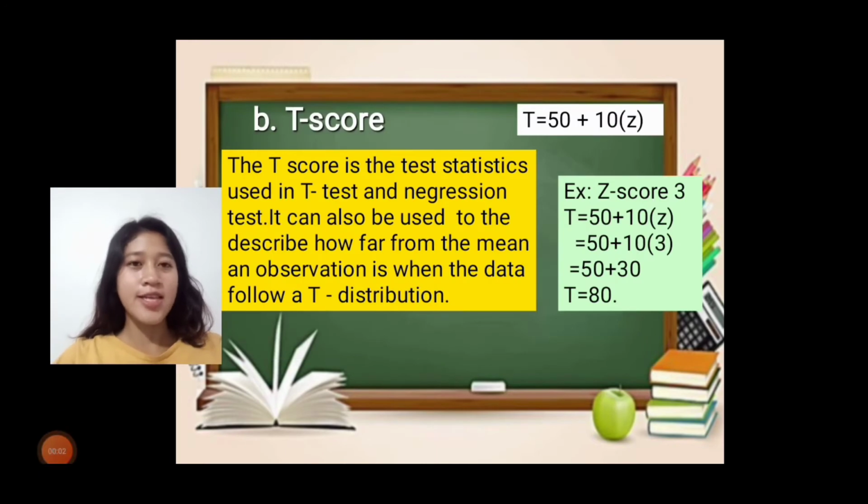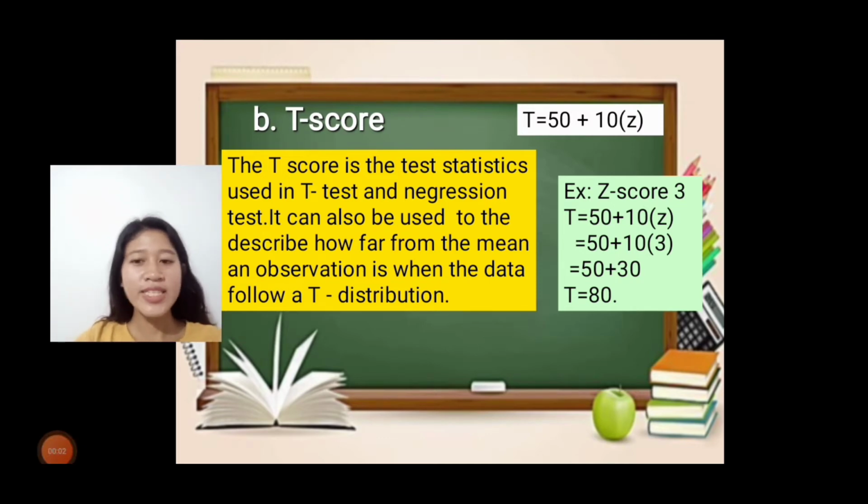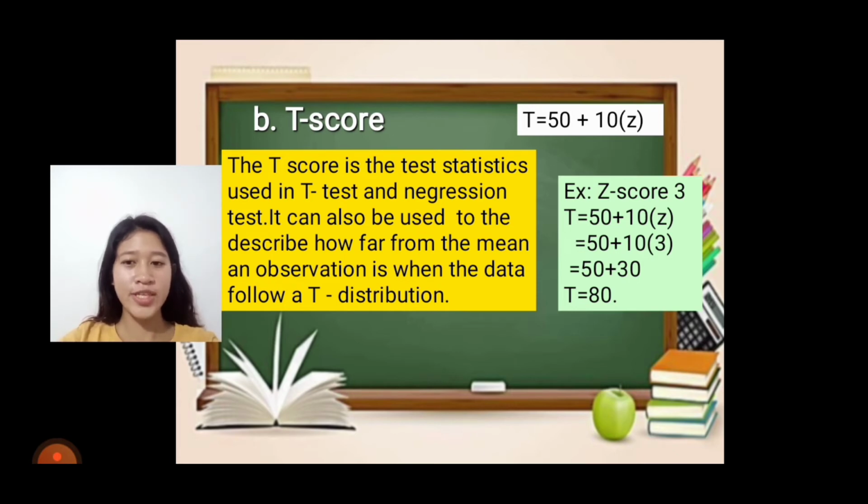Next is the t-score. The t-score is the test statistic used in the t-test and regression test. It can also be used to describe how far from the mean an observation is when the data follow a t-distribution. In the t-score, we will need the result of the z-score, which follows a distribution with a mean equal to 50 and a standard deviation of 10.